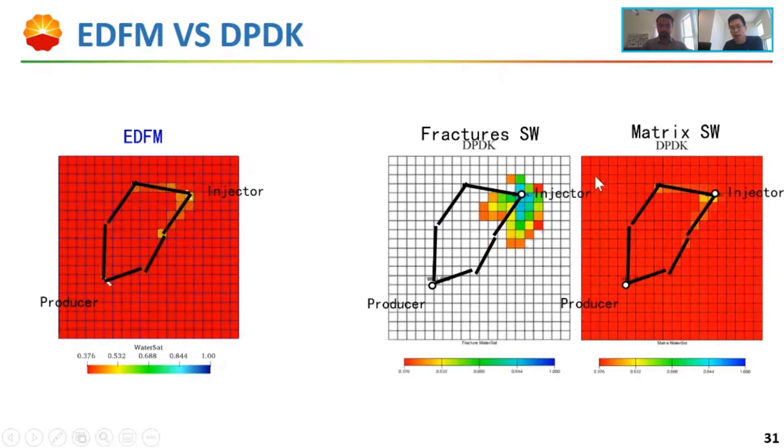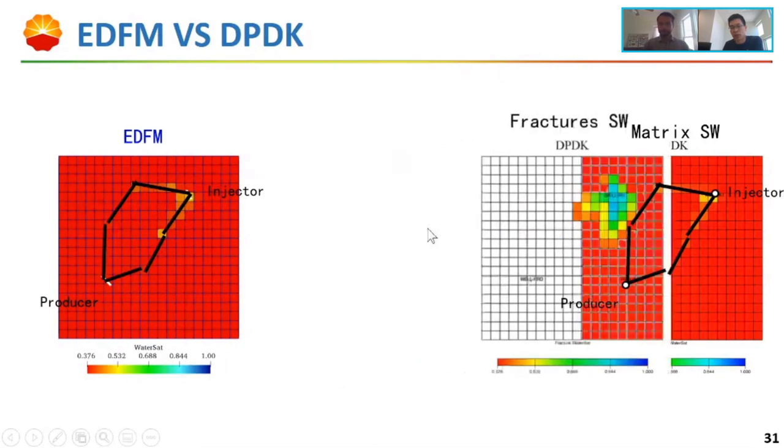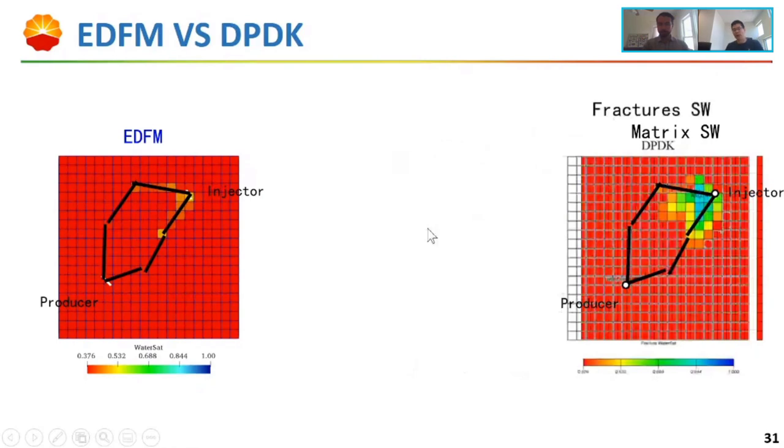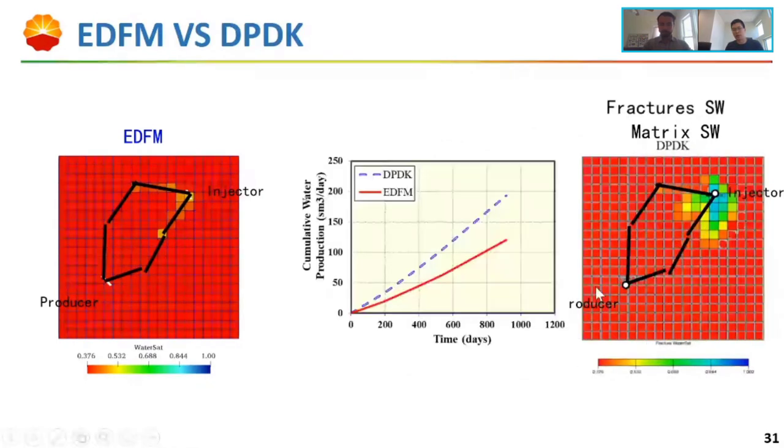And for the DPDK method, many more grids will get involved. So is the production. Here from the producer well, we got that DPDK will produce more water than the EDFM method. This is a still ongoing comparison. We will publish the paper in the coming ARMA.